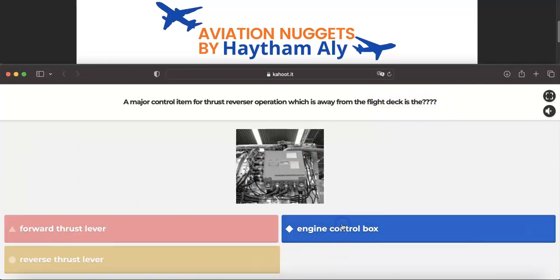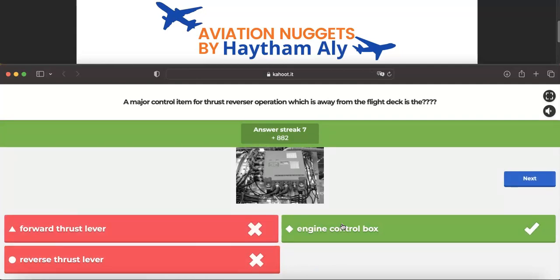The engine control box, or the computer for a FADEC engine, is a major control item for thrust reverser operation. And always in the FADEC controlled engine, the electronic control unit of the engine, or the electronic engine control, is the main computer and the first line of defense to allow operation of thrust reverser only on ground.